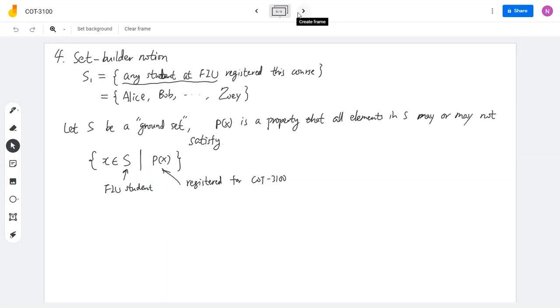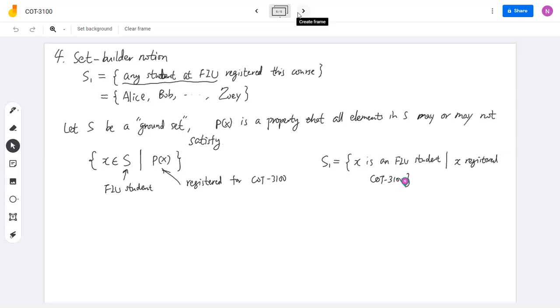So now we can write S1 as {x is an FIU student | x registered for COT 3100}.